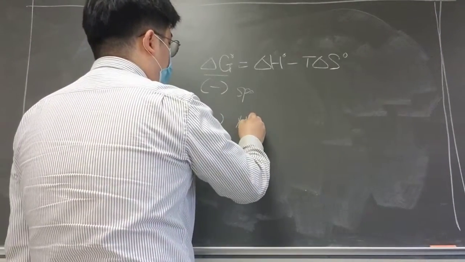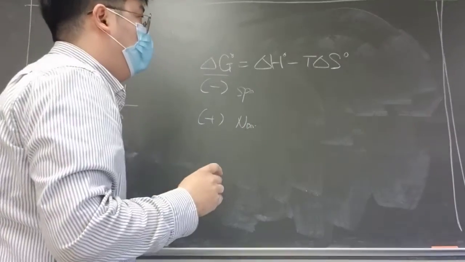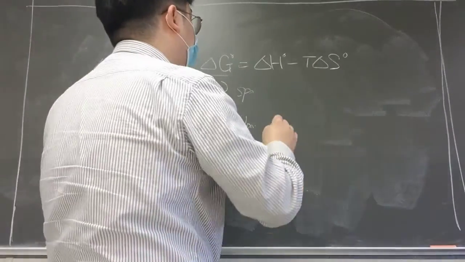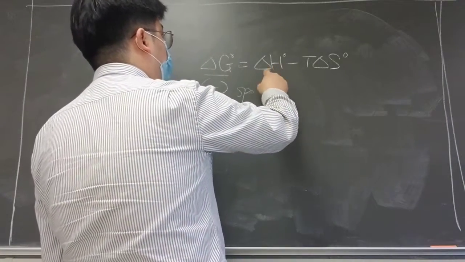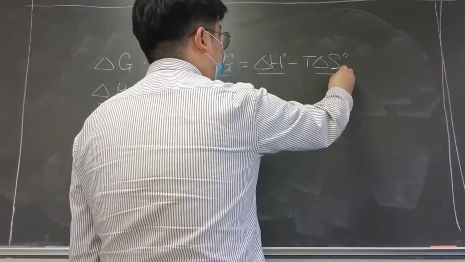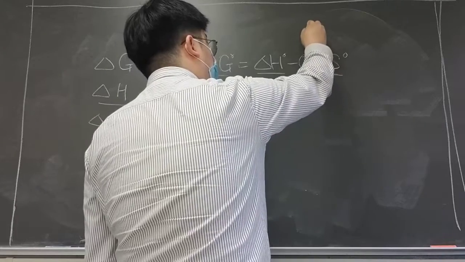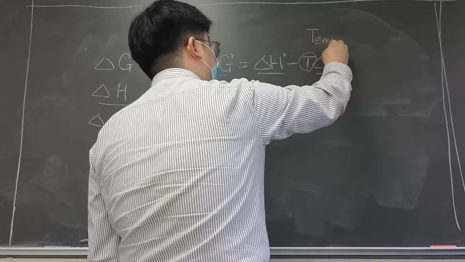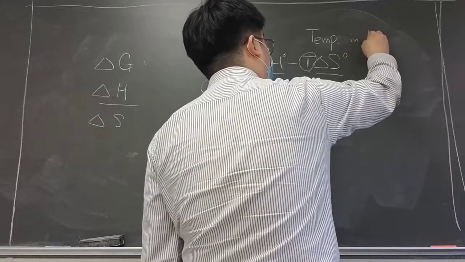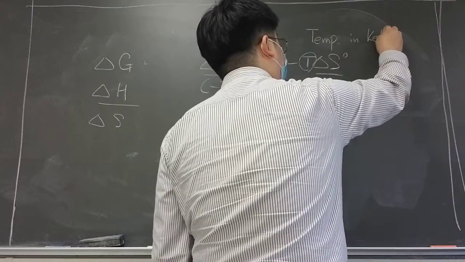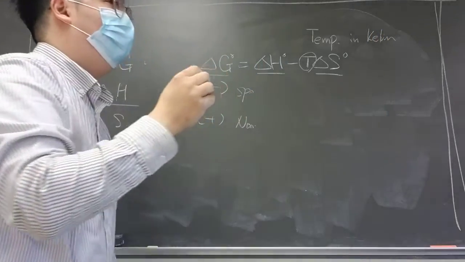So it's non-spontaneous. Okay? On a problem in an exam, I might give you numbers for those two. Then this T means temperature in Kelvin.